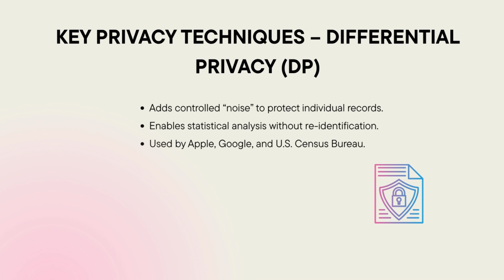Tech giants like Google and Apple deploy DP in telemetry and analytics, allowing learning from vast user data without exposing personal details. It's a cornerstone for privacy-preserving AI, especially in federated or distributed learning environments where sensitive data cannot leave local devices. The strength of DP lies in balancing privacy risk and analytic precision.